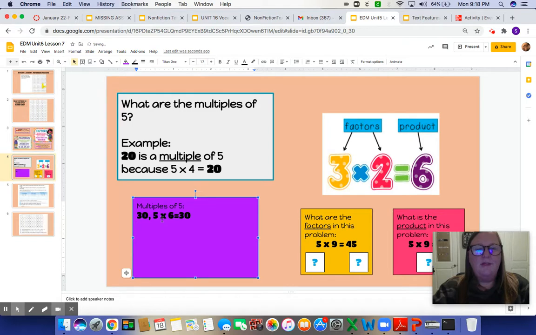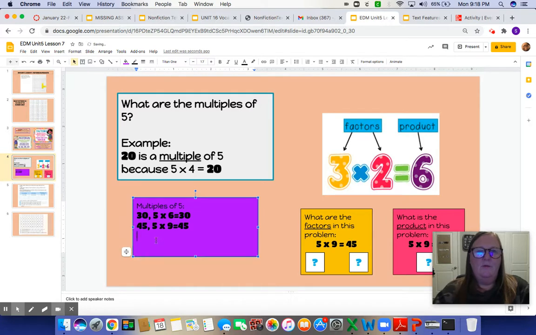We could also say that 45 is a multiple of 5 because I know that 5 times 9 equals 45, right? Another multiple would be 50 because 5 times 10 equals 50. So the products of those numbers are the multiples of the number, essentially.